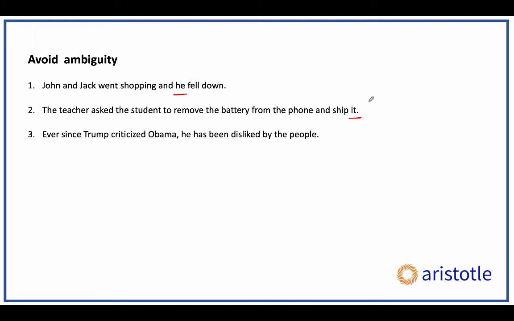Ever since Trump criticized Obama, he has been disliked by the people. Now, most people will immediately say he refers to Trump. How do you know that? He could also refer to Obama for all you know. I mean, there can be some crazy people actually. But on a more serious note, the he is actually ambiguous. So a much better sentence is: ever since Trump criticized Obama, Trump has been disliked, or Obama has been disliked.